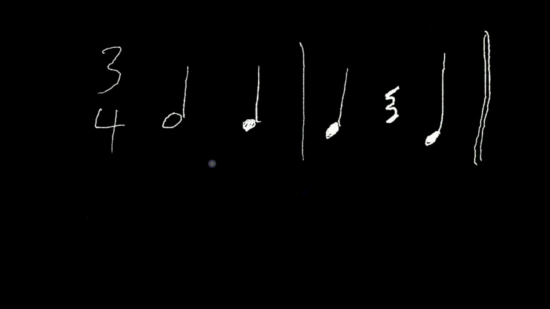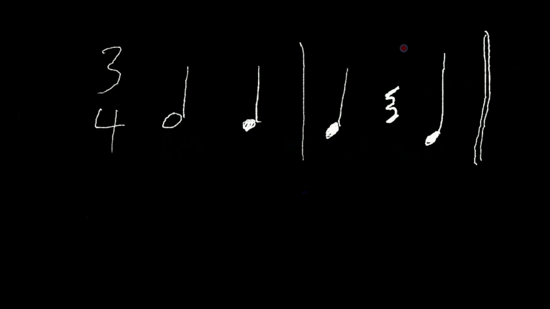This might be a good time to pause the video if you want to try to write in the numbers under the notes. You can think about how many beats there are in each measure. Previously we were numbering 1 through 4, so think about how many beats you should be numbering per measure now.